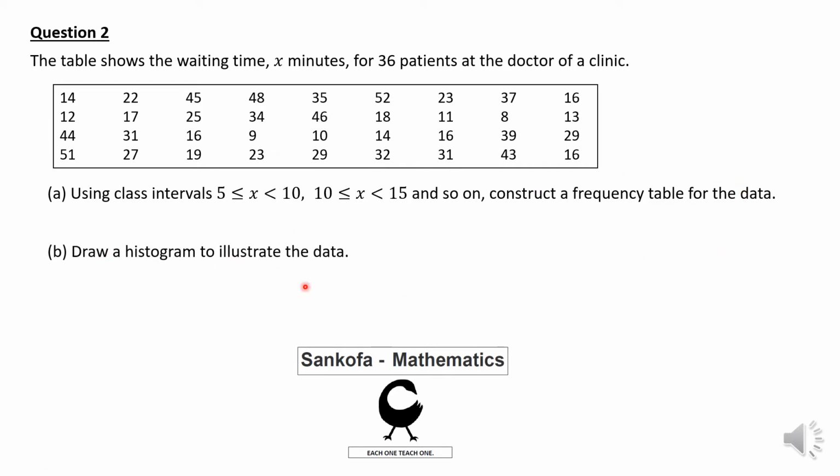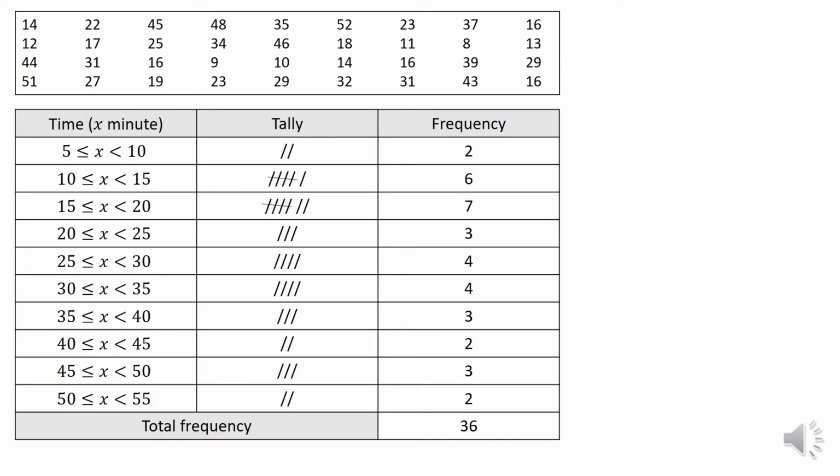Then you draw a histogram. Since the class intervals will be the same, the rectangles on your histogram will be the same width, and they are starting at 5. Very important that you take note of that. What I did first was construct my table, and then I had a frequency.